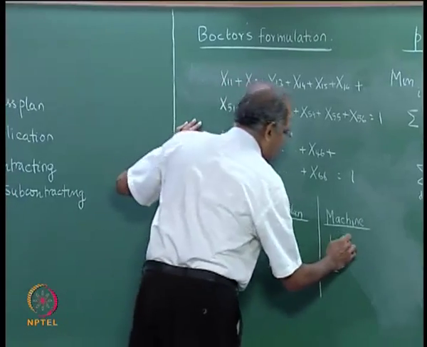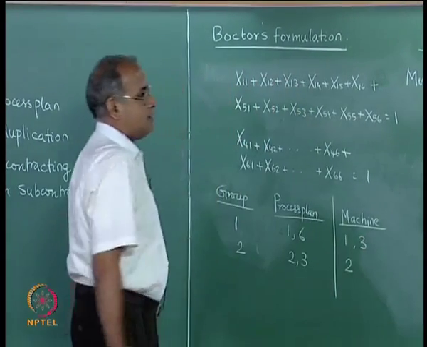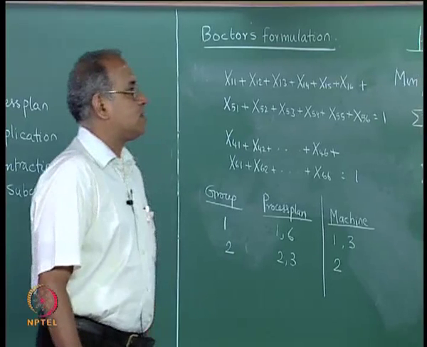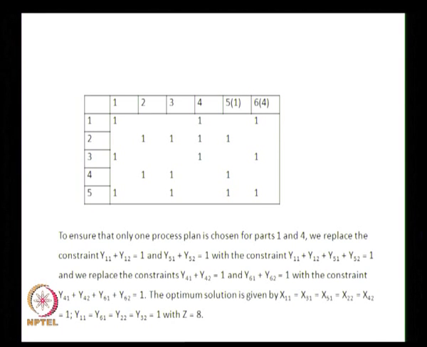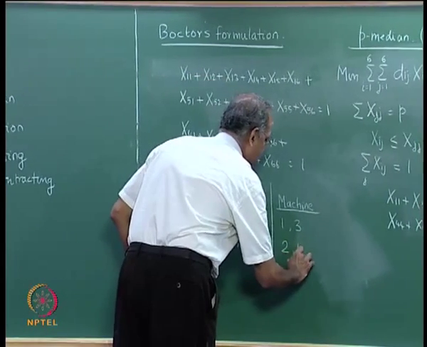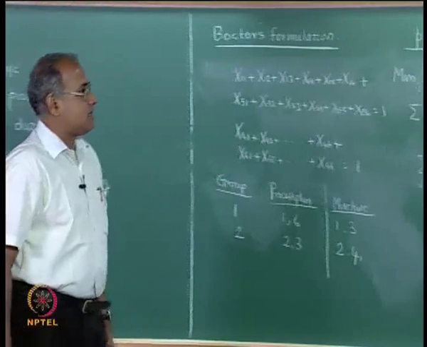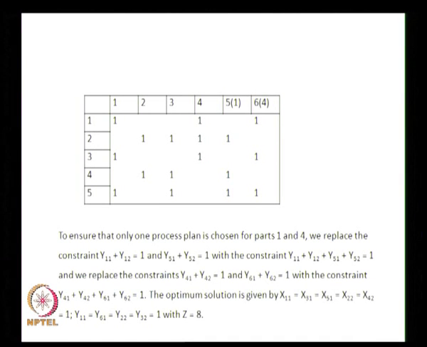So, machine 3 will come here. Machine 4 does parts 2, 3 and 5. So, machine 4 will come here and machine 5 does 1, 3, 5 and 6.